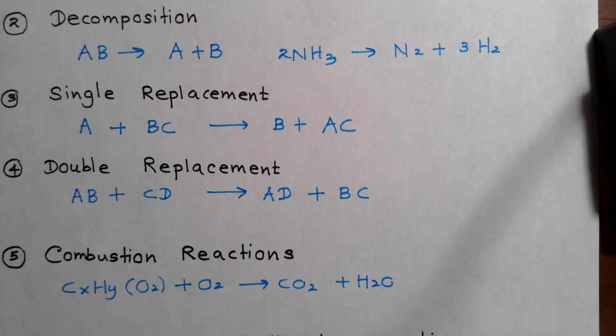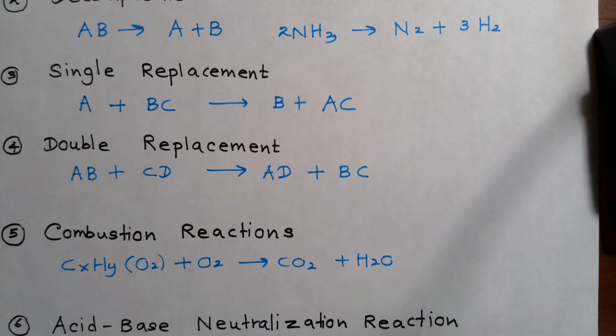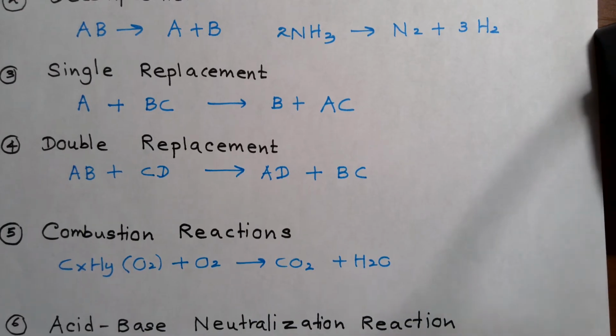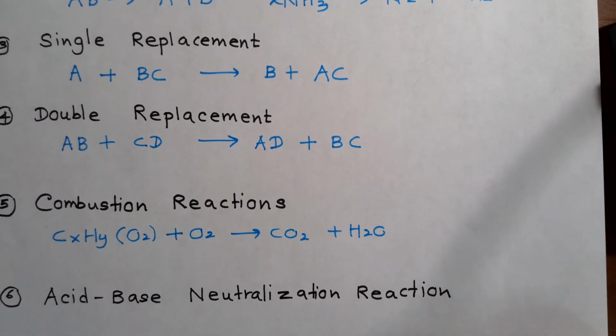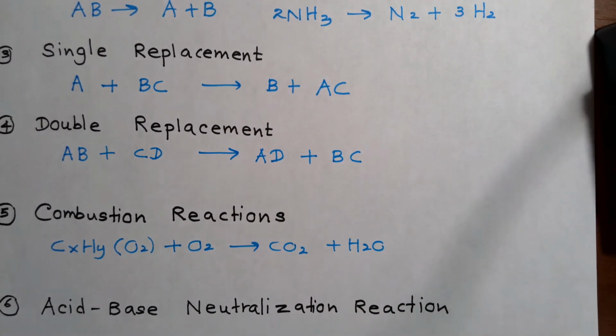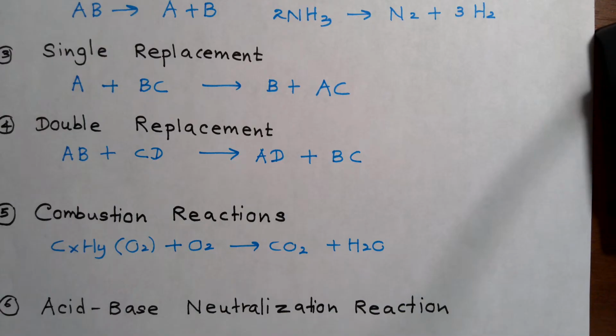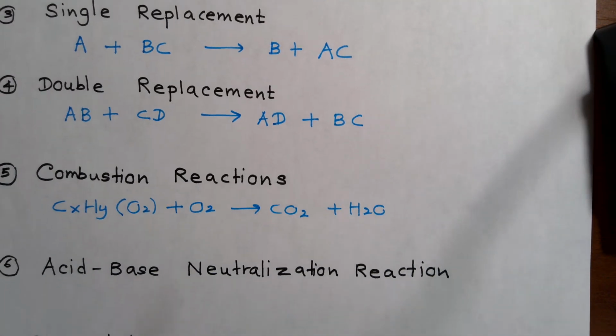Right. Let's move on to the next reaction type. Next one is acid-base neutralization reactions. So what are acid-base neutralization reactions? When acid reacts with base, it always forms salt and water. Let's take an example.